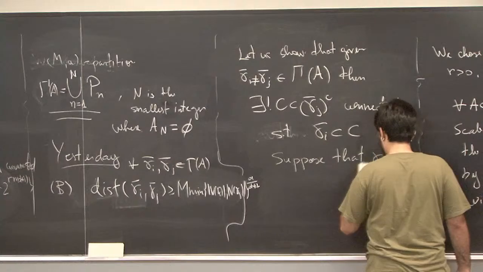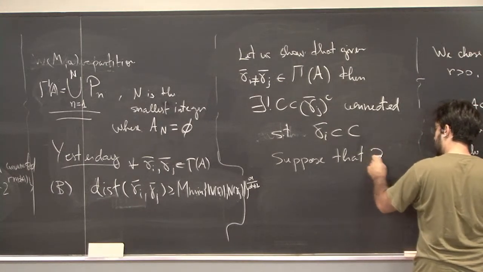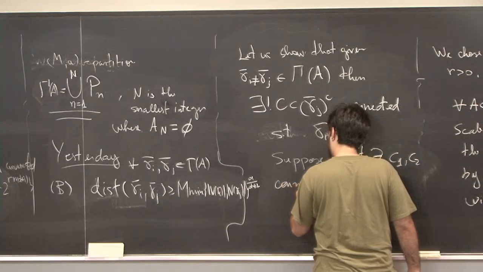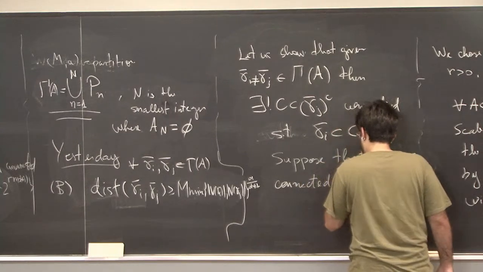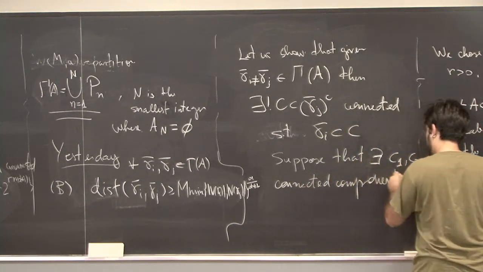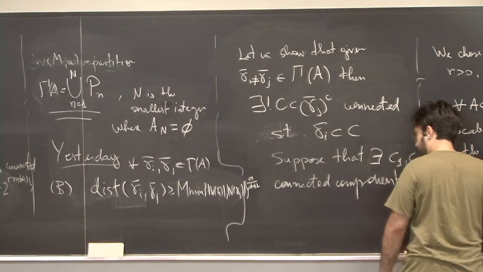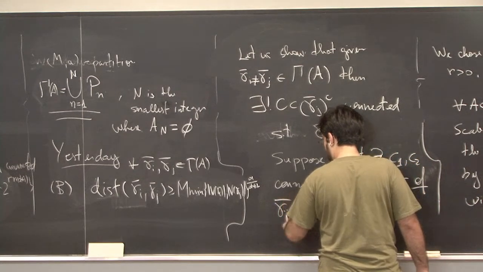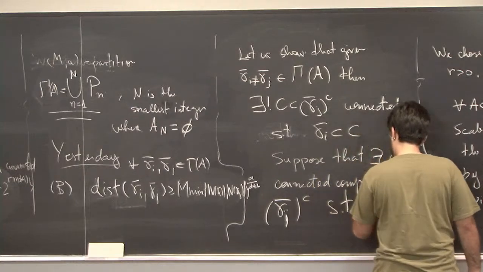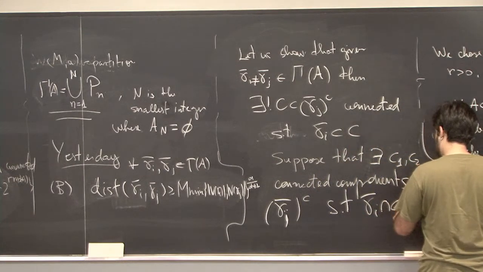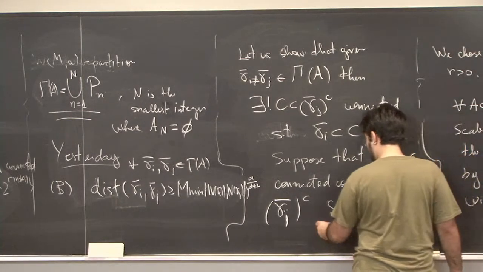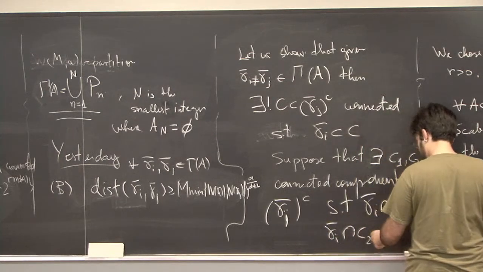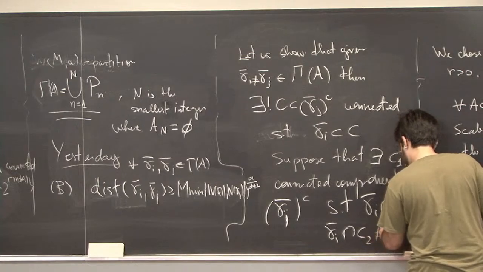So suppose that there exist C1, C2 connected components of the complement of gamma J, such that gamma I has a non-empty intersection with both of them.